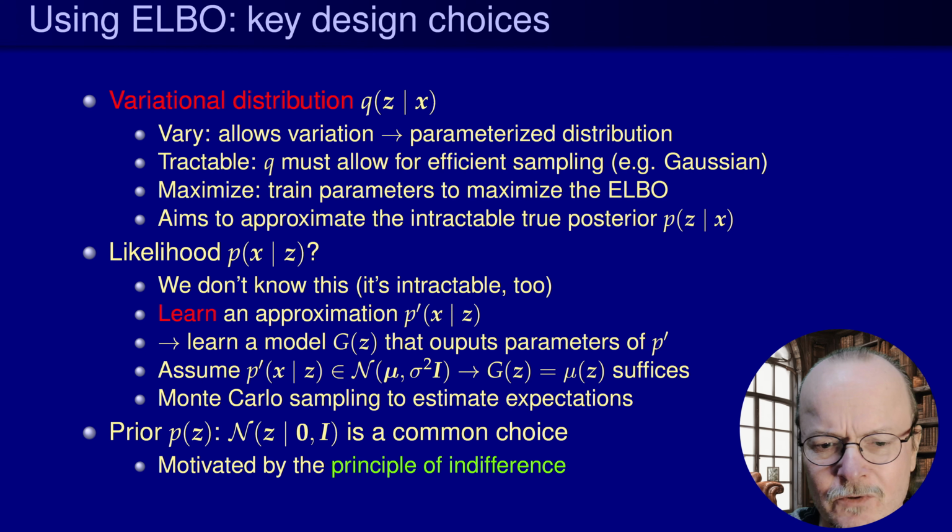It's also a useful mental image of thinking of Q as an approximation of the true posterior p of z given x, the perfect mapping from data space to the latent space.